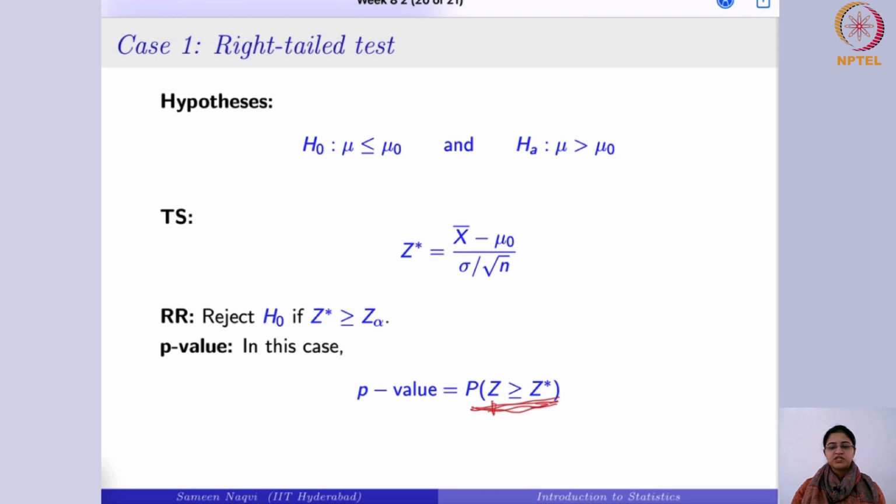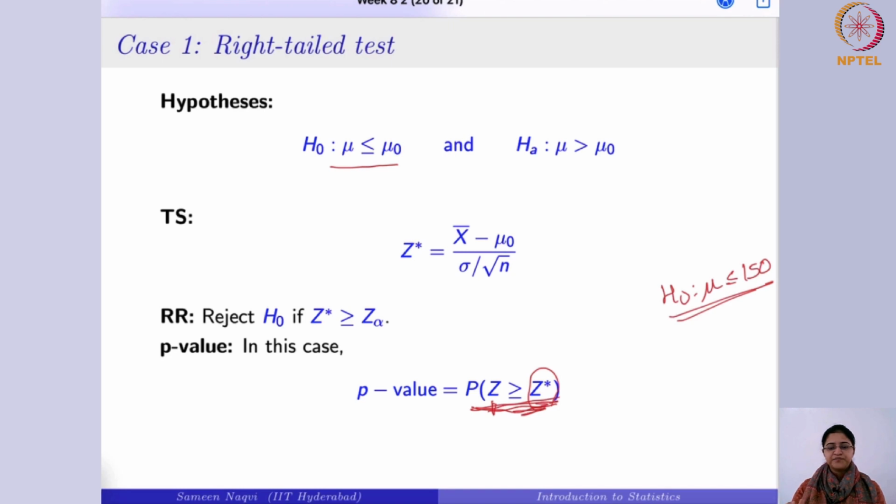Or you could say that given the null hypothesis is true, it means that this condition is true, that is H naught: mu less than equal to 150. If this condition is actually true, that the average height of Indian women is less than 150 centimeters, then you have to find out the probability that you would observe a more extreme statistic than you have observed, that is Z greater than equal to Z star.